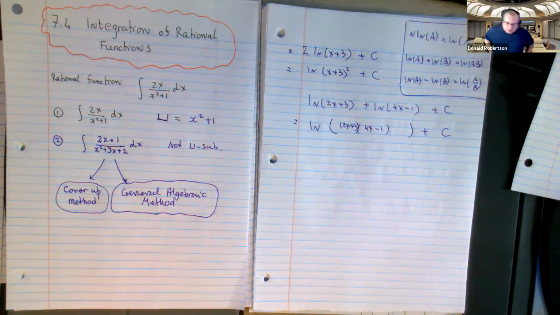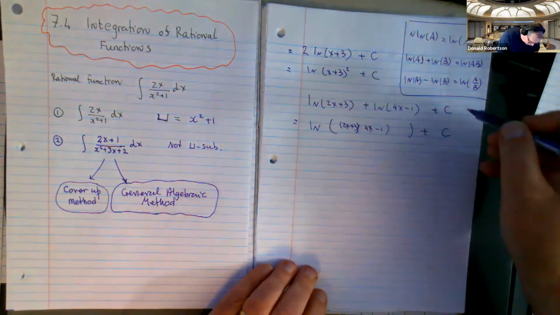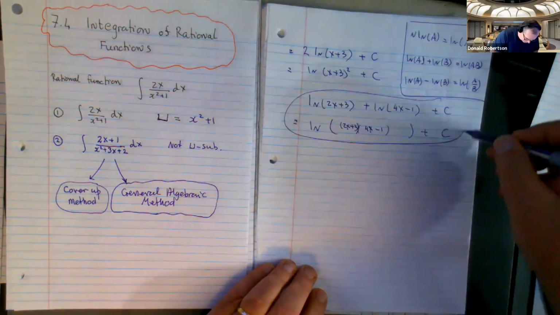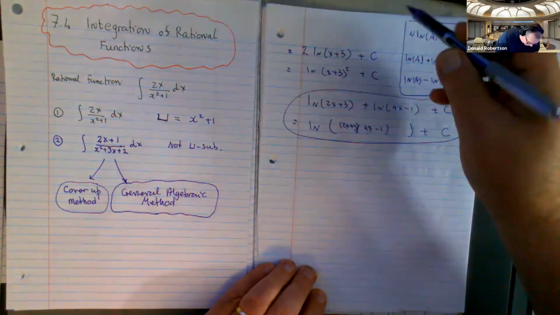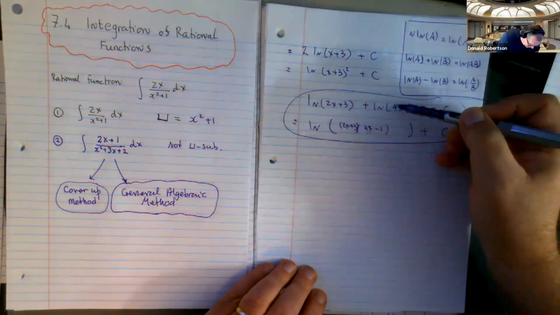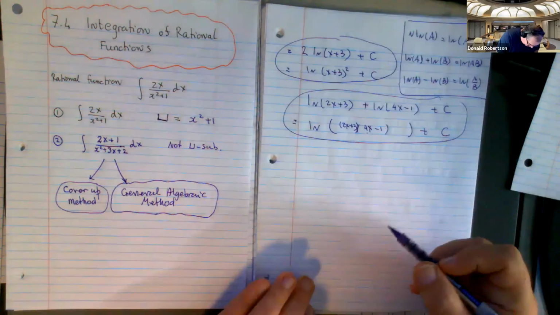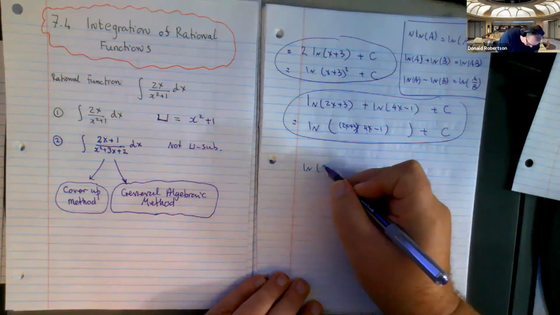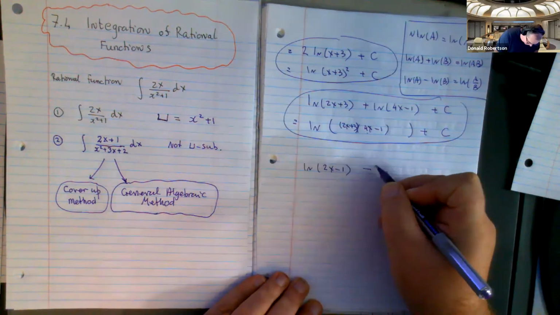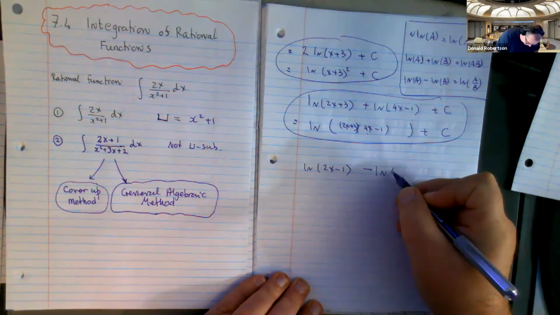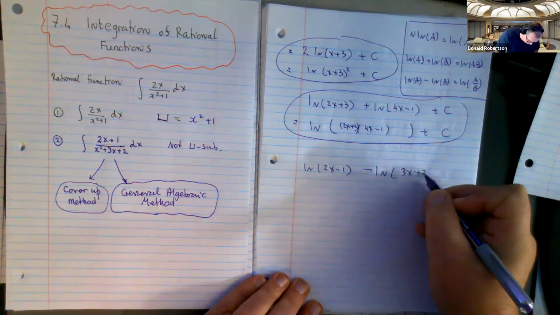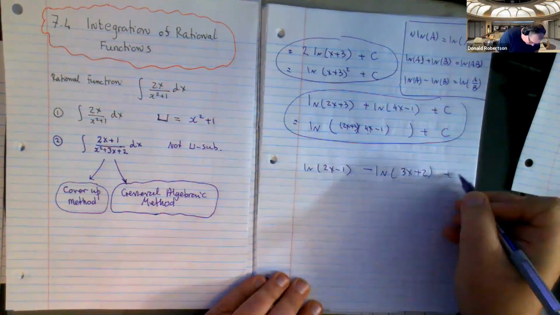Properties of logs. So if you have 2 logs added, combine them into a single log by multiplying the 2 individual pieces. If you have a log that's a multiple of somebody, turn it into a power. And for completeness' sake, you could have 2 logs being subtracted.